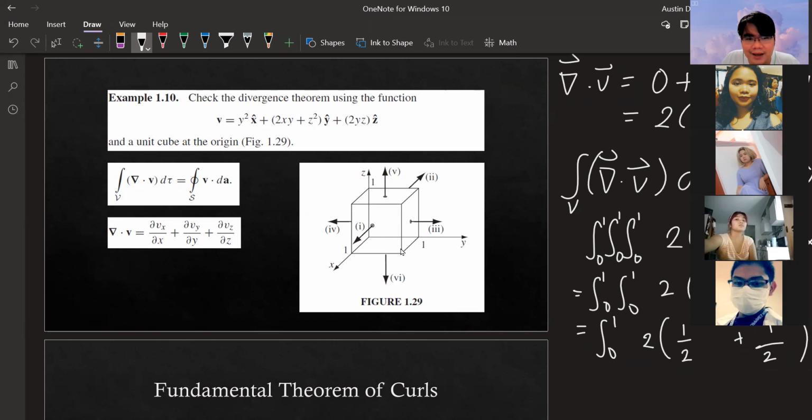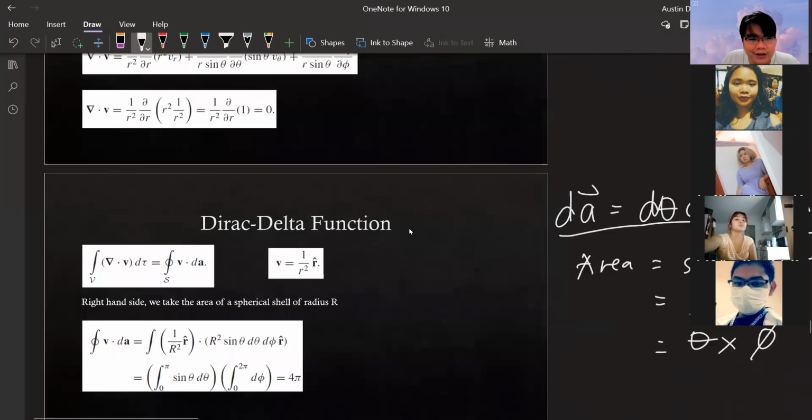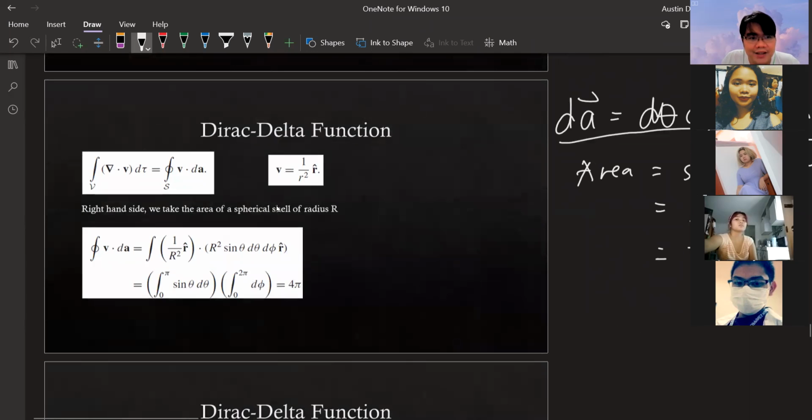Tapos gagalaw na lang si X and gagalaw na lang si Z. In the same way, ganun lang din dito. At the edge of the spherical shell, ang value ng R will be the radius R. Tama ba? So we plug in that here, R squared. And then R hat dotted with R hat is just 1. Tapos magka-cancel lang yung R squared mo. And then you can do the integrals easily.